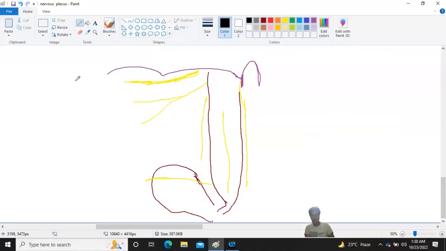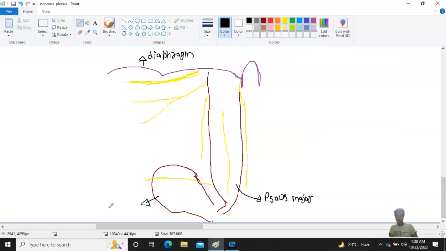First, we name it. This is the diaphragm. This is the psoas major. This is the iliacus muscle. These are muscles. Then these are the nerves.